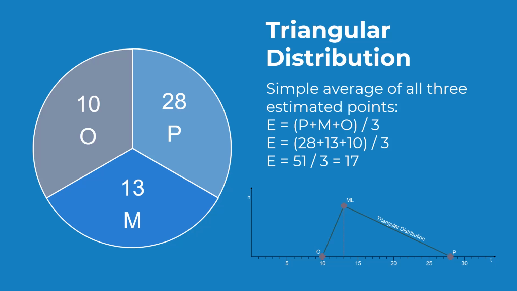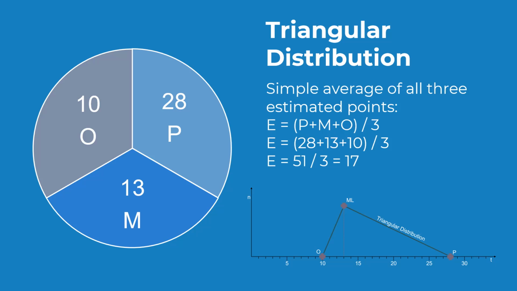To calculate the effort, add up our optimistic estimate, the most likely estimate, and our pessimistic estimate, and divide the results by 3. For example, we add 28 minutes for our pessimistic estimate, 13 minutes for our most likely estimate, and 10 minutes for our optimistic estimate. The expected duration or effort comes out to be 17 minutes.